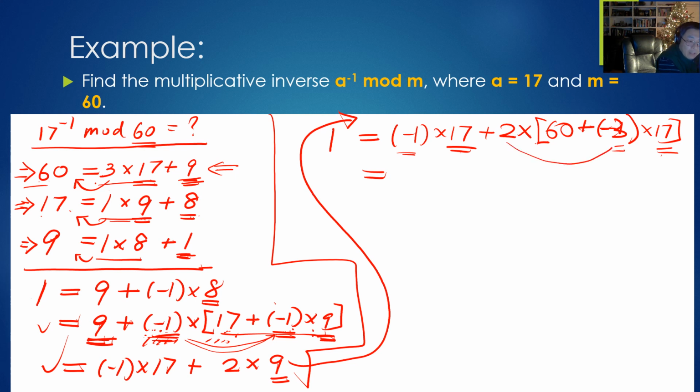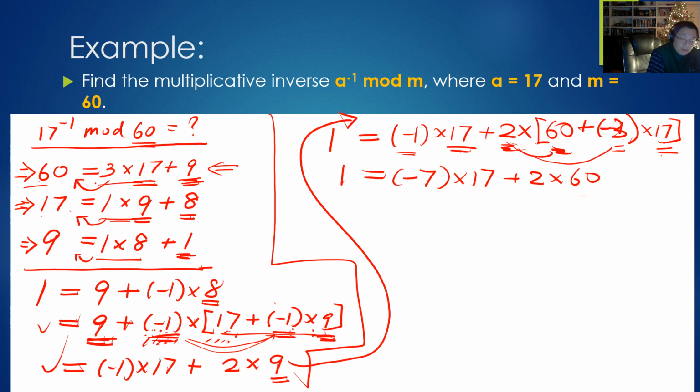So I have -6 times 17, and -6 times 17 plus -1 times 17. So what I got is -7 times 17 plus 2 times 60. Don't multiply out, okay? So I got this. So 1 equals this.